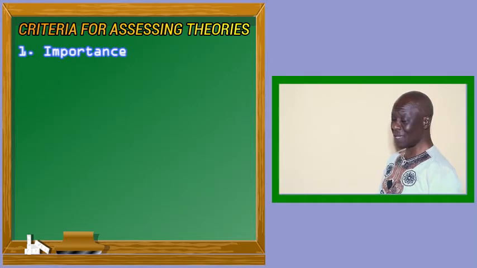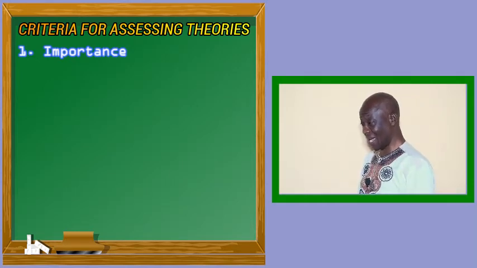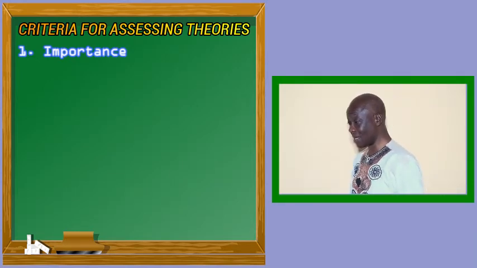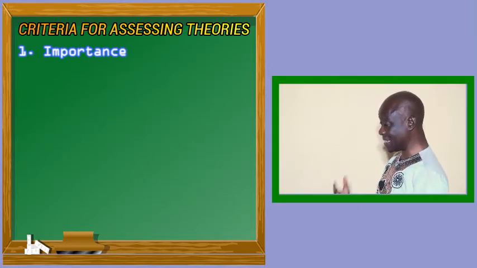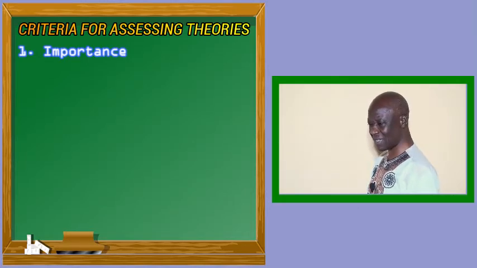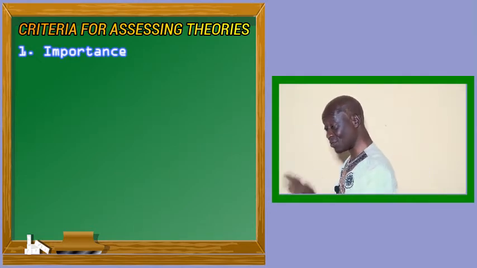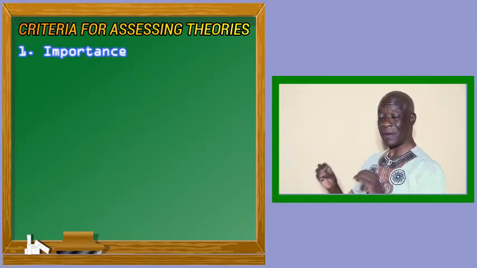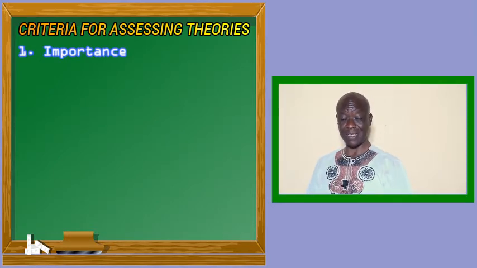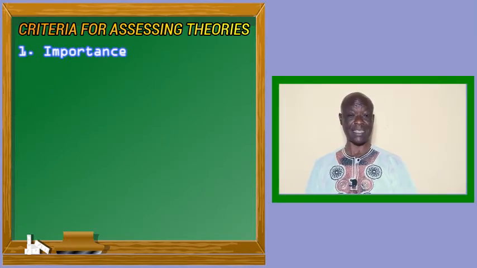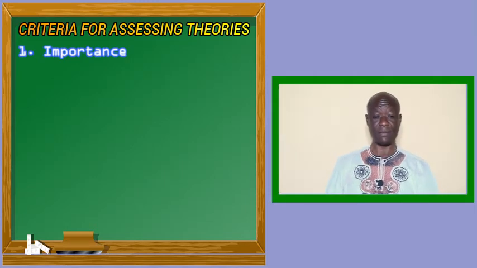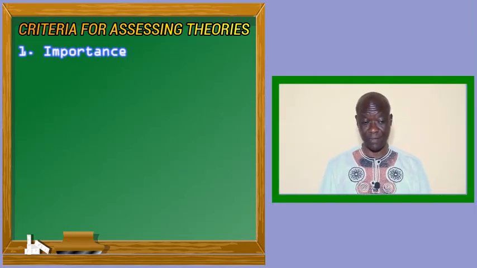So we're saying once a theory has been developed, right, this theory should not be limited to a few situations. Rather, it should have relevance to real world situations. So therefore, importance becomes an important yardstick for assessing a theory. Importance may be difficult, ladies and gentlemen, to evaluate.